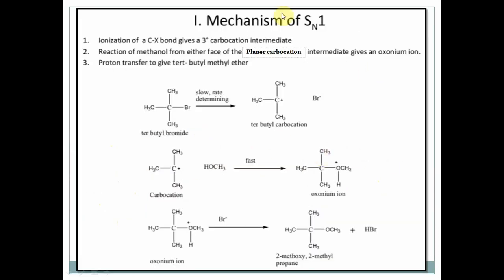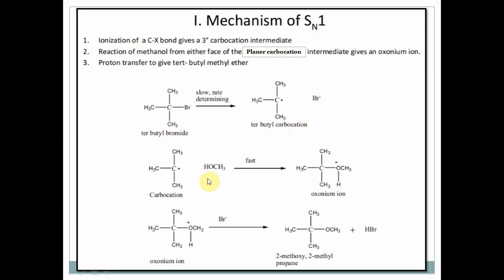As far as the mechanism of SN1 is concerned, first, ionization of the C-X bond gives a 3-degree carbocation intermediate. Tertiary butyl bromide, this carbon-bromine bond will break, and it is slow, and this step is the rate determining step. This is the tertiary butyl carbocation formed, and bromide ion.